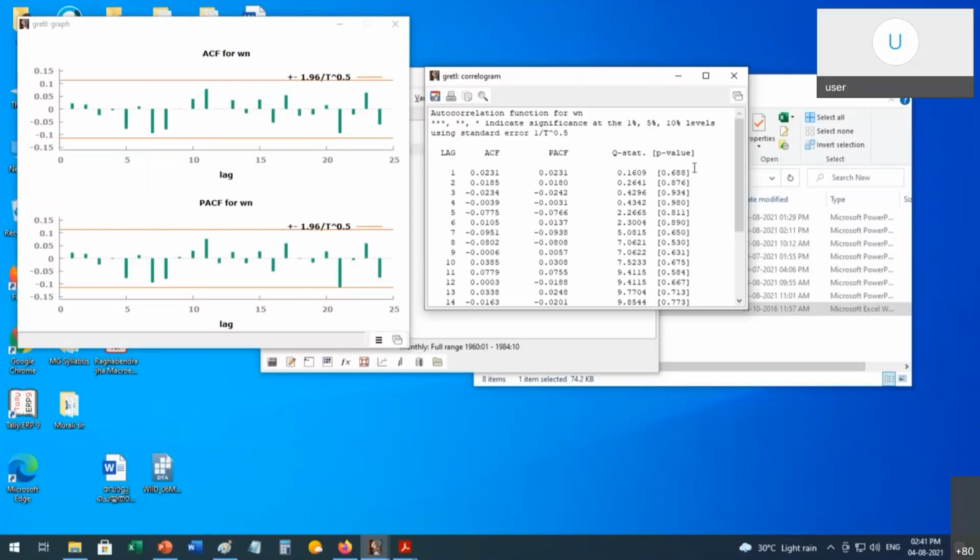We do not reject that null hypothesis. That means the autocorrelation coefficient is 0. This one is statistically 0. So all the autocorrelation coefficients within the 95% confidence interval are 0 statistically. Even though there are some values, they are statistically 0. That is it.